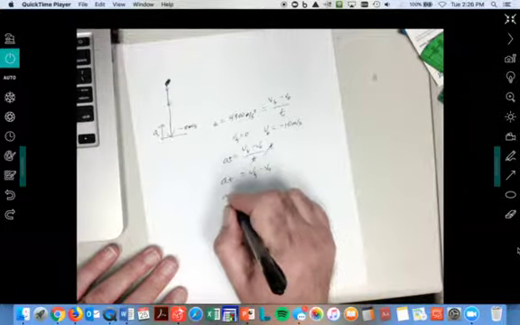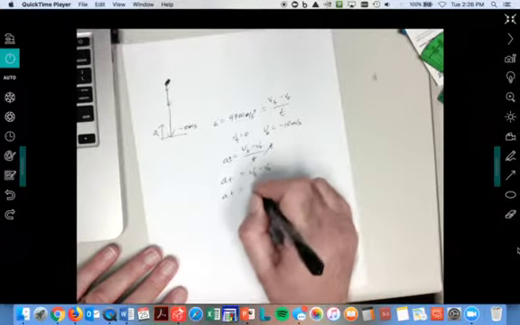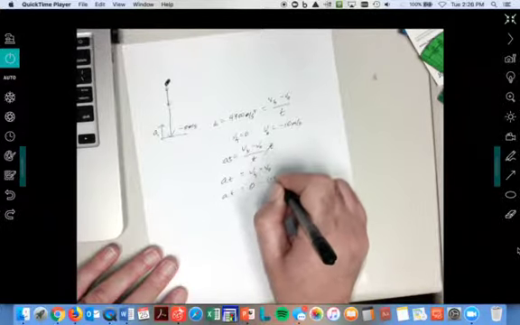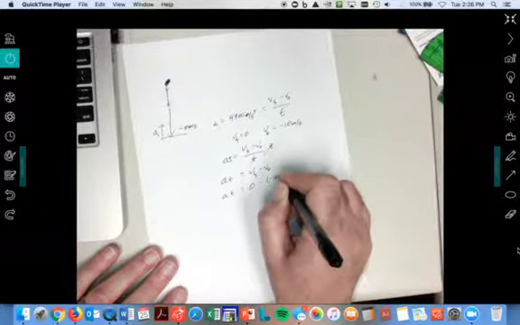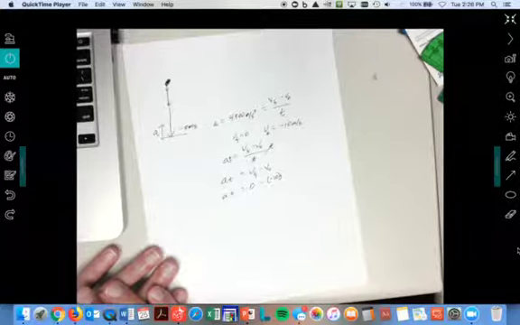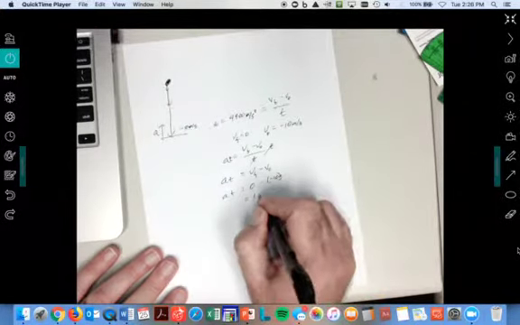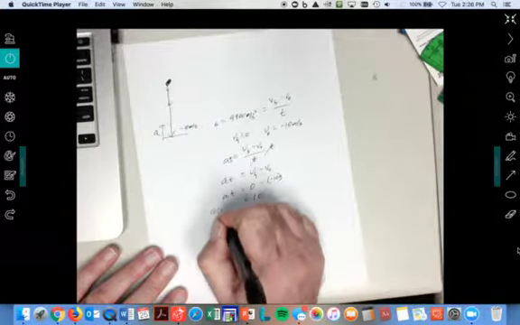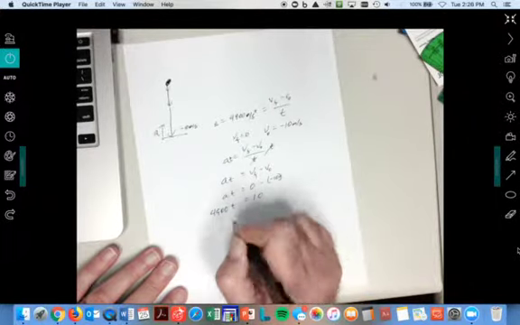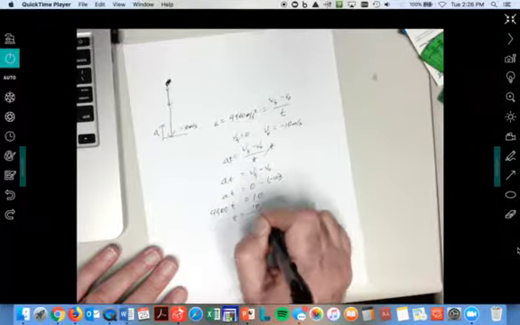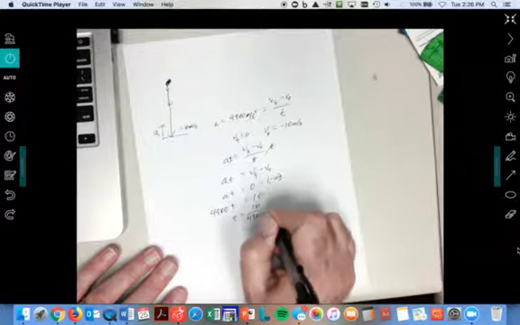So a t is equal to v final, which is 0, minus negative 10, because that's what v initial was. So minus minus is positive 10. a is 4,900 times t. And so t is equal to 10 divided by 4,900.